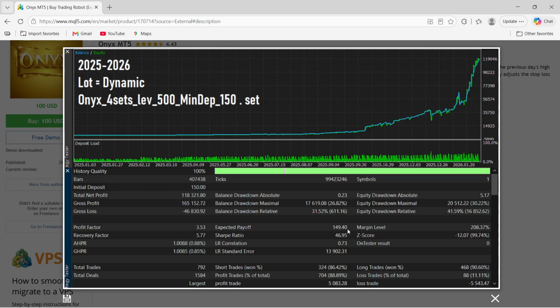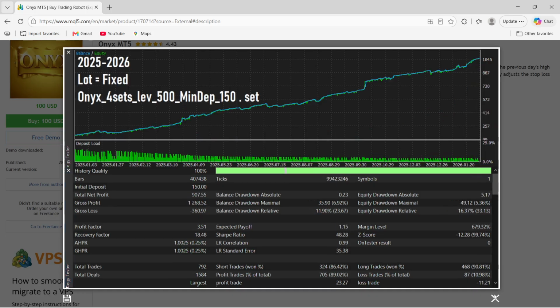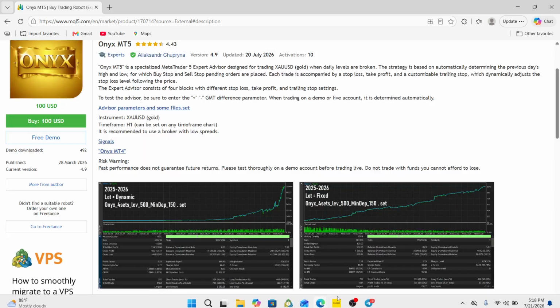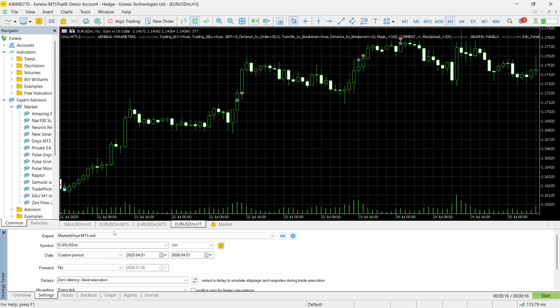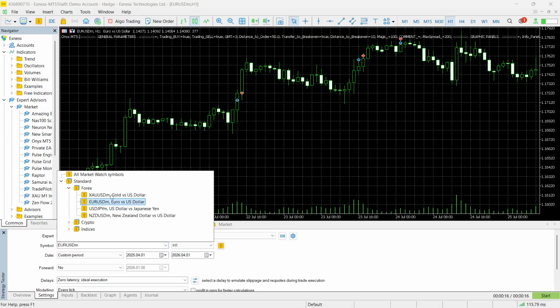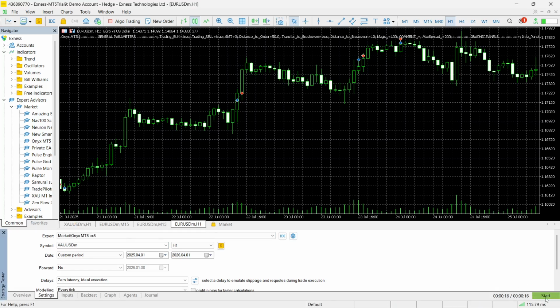All right, so this is all well and good from the developer, but what actually happens when I put this through my own personal backtests? Let me quickly go over to MT5. We are going to be using the recommended pair XAUUSD to test this EA, on the 1 hour time frame, also as recommended by the developer.